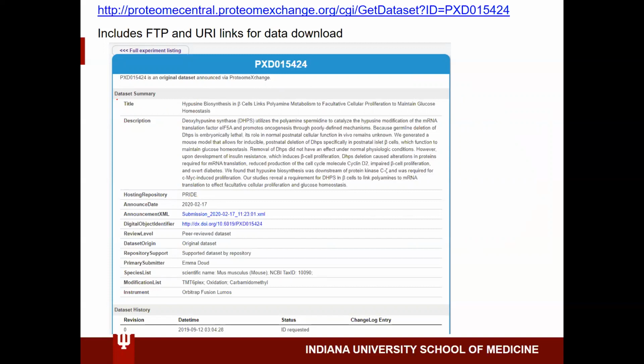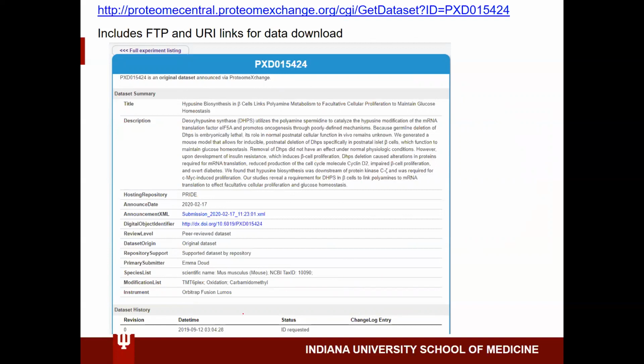So this is all the information that you're including when you upload your data. So you have all sorts of instrument type, modification list, what sort of species was used, obviously the title and description of the sets of experiments that were done. So this is just an example of what the final PXD file looks like.